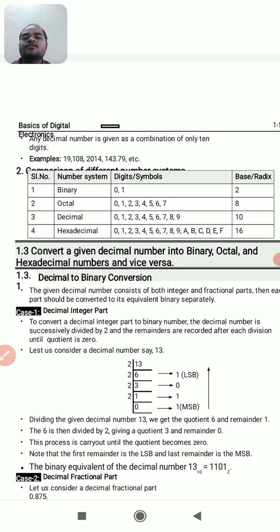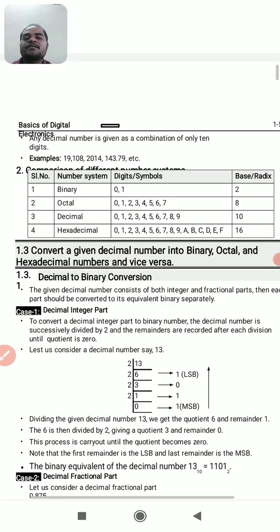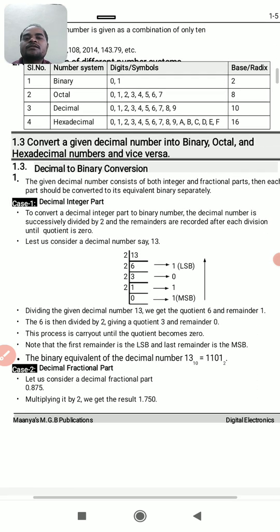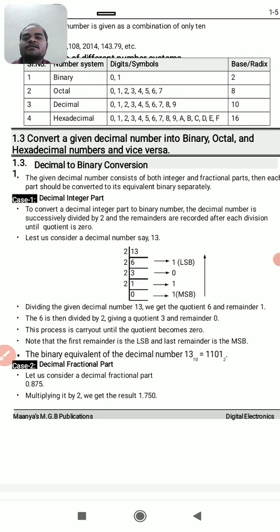Hexadecimal is a combination of alphabets and numerical numbers also. So different digits are used in different number systems, and the bases of the number systems are given.